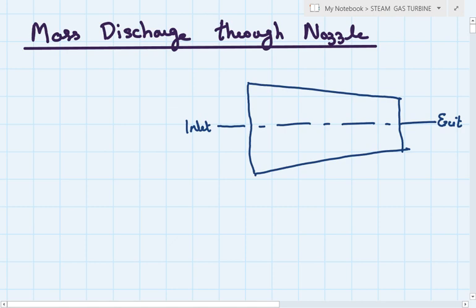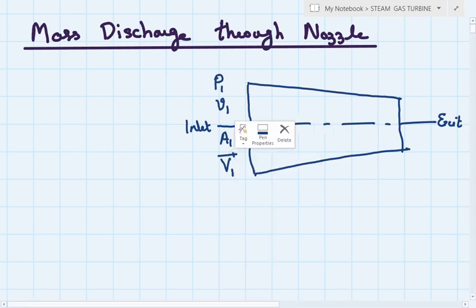The parameters which are involved for the steam to flow into a nozzle are the pressure of the steam at inlet, specific volume of the steam at inlet, the area of the nozzle at inlet, and most important, the velocity of the steam at inlet.